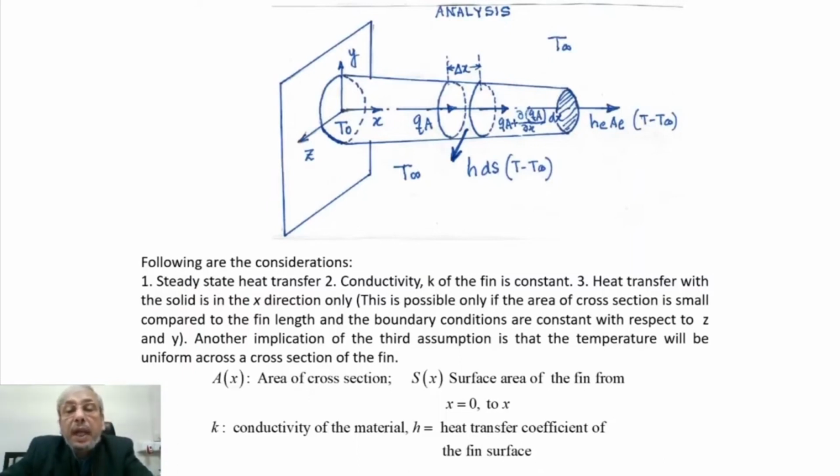Now for an analysis we have taken a protrusion from a base in the form of a cylinder, or you can say in the form of a body which is having arbitrary shape. It may be a triangular fin, it may be a rectangular fin.